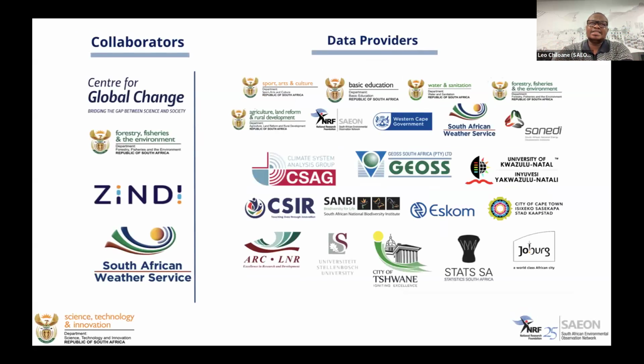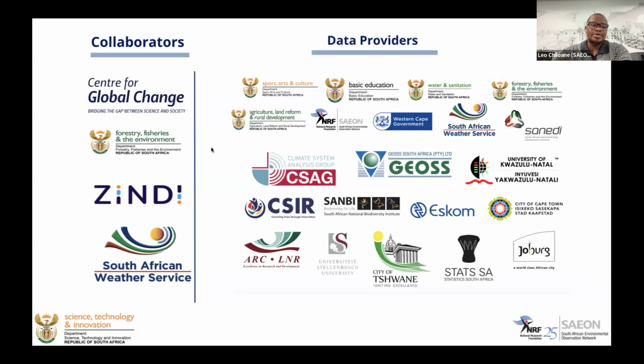Because of the dynamic nature of the atlas, we have to integrate data sets from different sectors and different data providers. So in the platform, we have a lot of data contributors that are external to SAON.